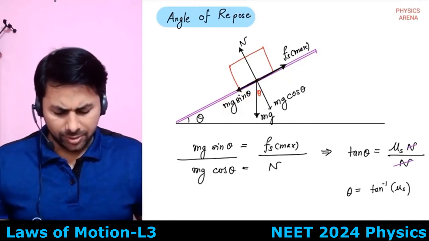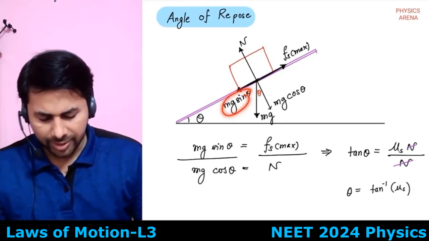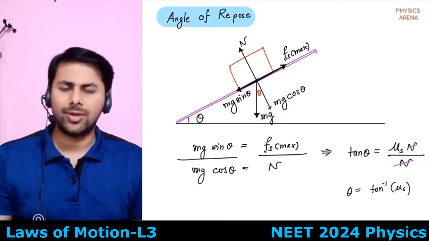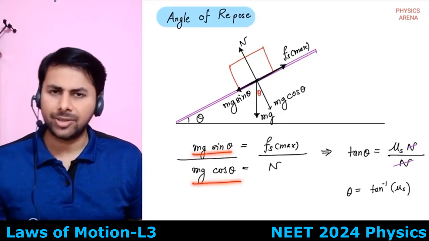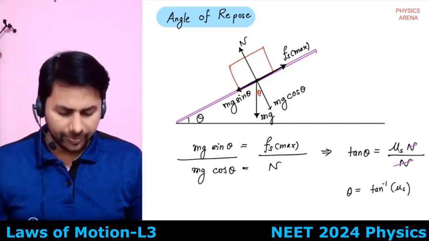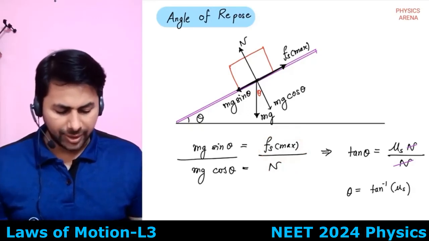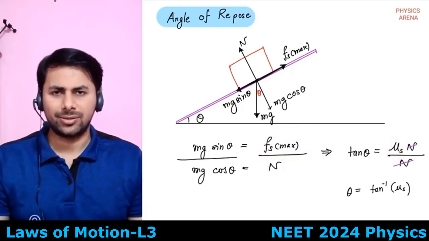Then mg sin theta will be equal to fs max, and mg cos theta will be equal to the normal reaction. If you divide mg sin theta by mg cos theta, you get tan theta, which is equal to fs max upon normal reaction, and we know that is equal to mu s.